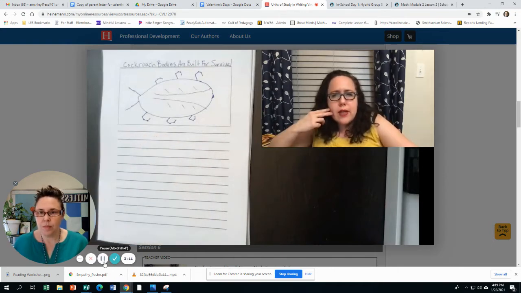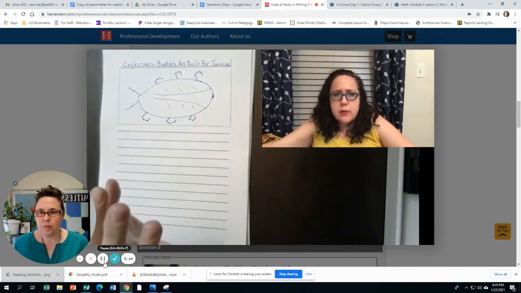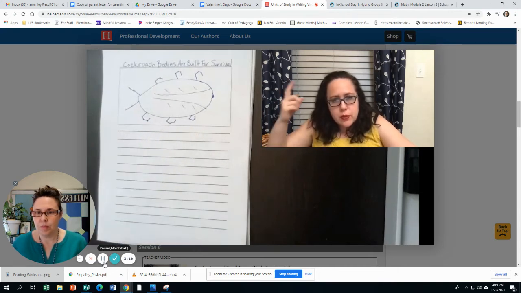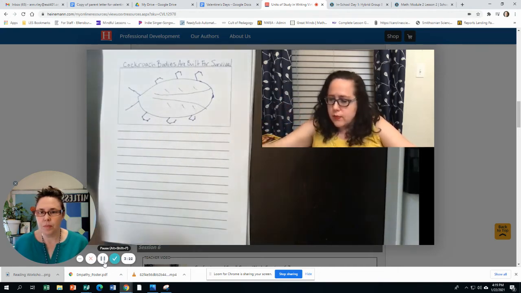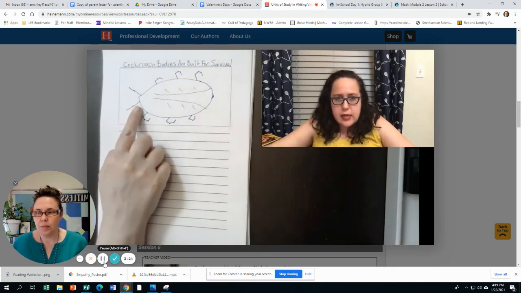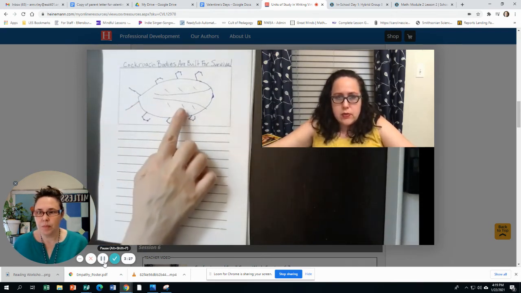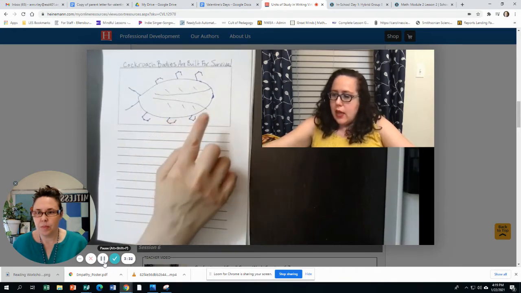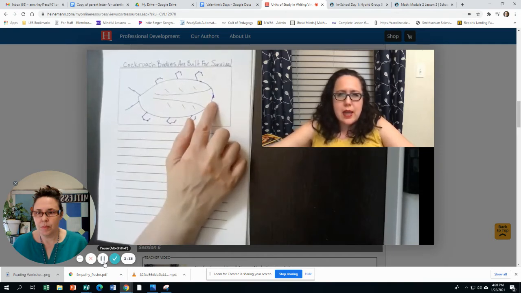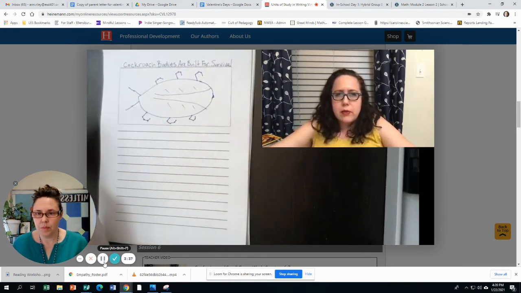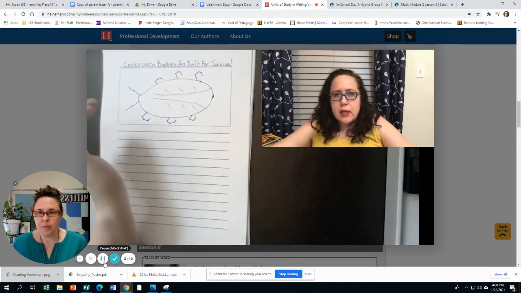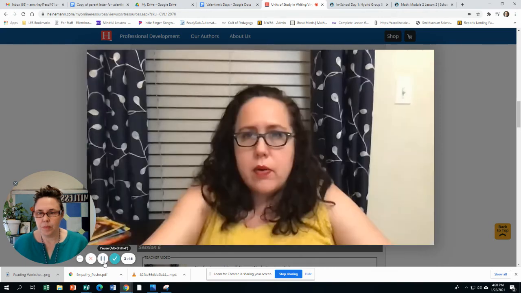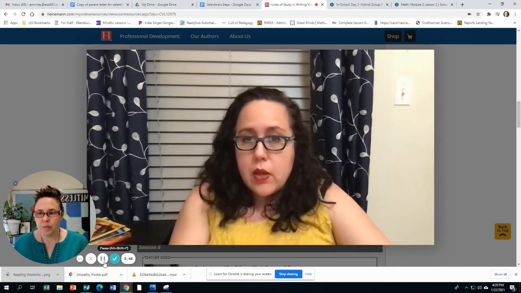Ooh, I like parts. What if I did parts, not just the parts of the body, but I went in order of the body? So I'm sort of going to make my table of contents. And what if I started with the head, then I went to the abdomen, the legs, and then the cerci, which is sort of like the tail. I like that. So I'm kind of going from one end of the body to the other end of the body when I'm thinking about how to draft my piece.